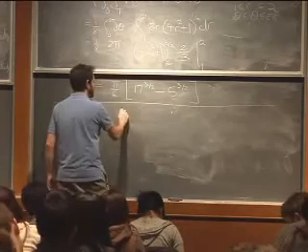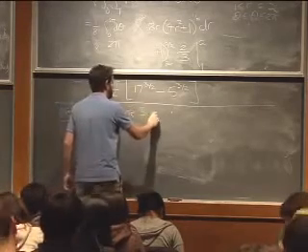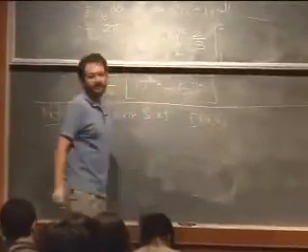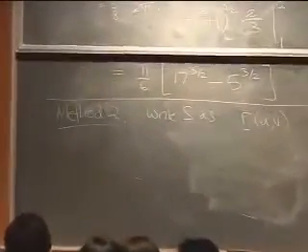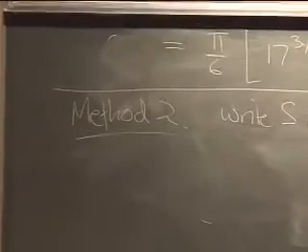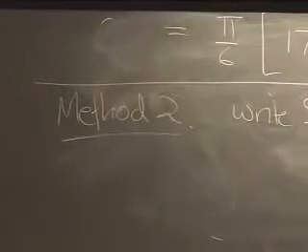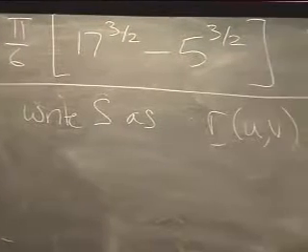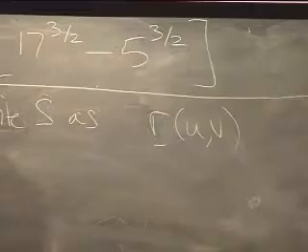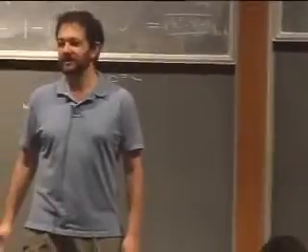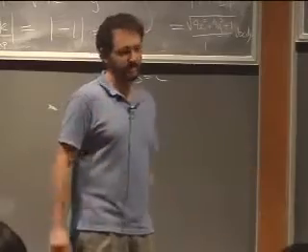So write S as R of u comma v. Now, to be confusing about it, sometimes little u and v are different letters. One of them might even be an R without an underline, such as in polar type coordinates. Well, if that's the case, then you just have to distinguish between your R with an underline and little r without an underline, which are completely different.